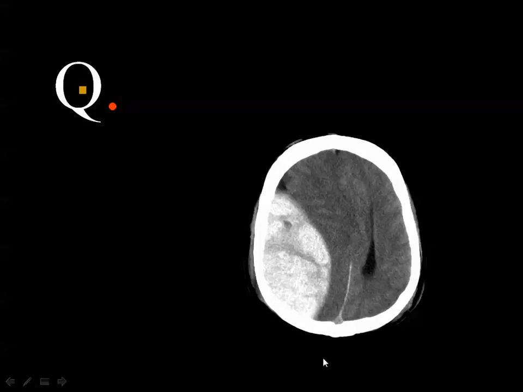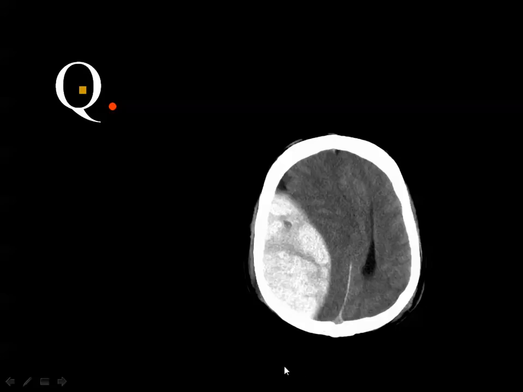Hemorrhage. Yes. And this is hemorrhage. Anywhere. Epidural, subdural. Epidural or subdural? Epidural. This is epidural blood because it is adherent to the inner table, and the inner border of the lesion is convex.